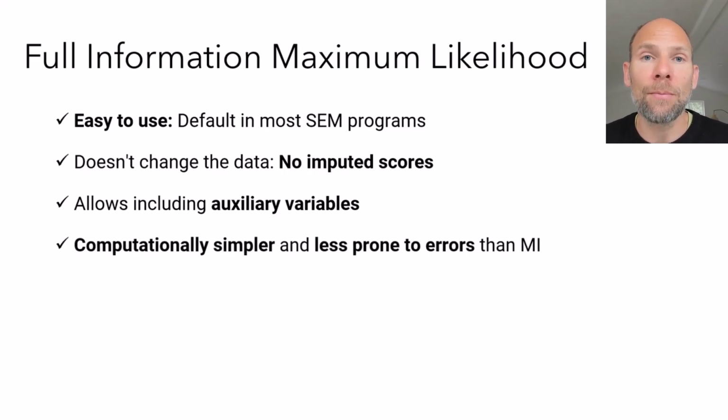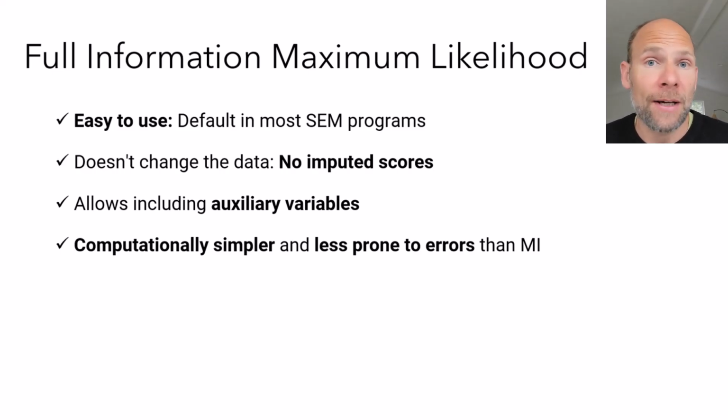FIML is also computationally simpler than multiple imputation and less prone to errors. So with multiple imputation, you really have to know what you're doing. You have to do it right. Otherwise, you can end up with something that is incorrect, that is biased, or that leads to a lot of trouble.